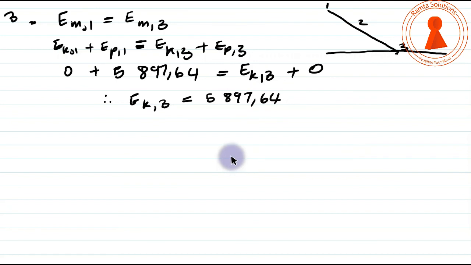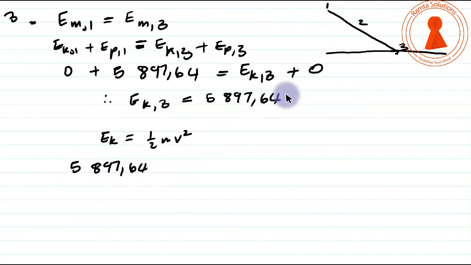However, the question says we must calculate the velocity, but you and I know that EK equals half mv squared, right? So the EK at the bottom of the ramp was 5897.64 joules.